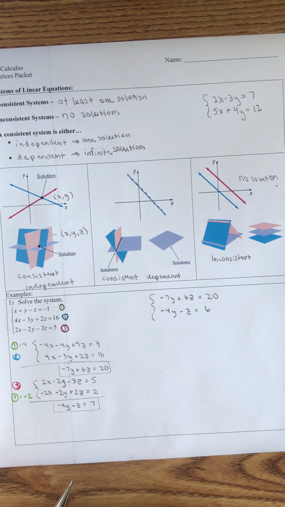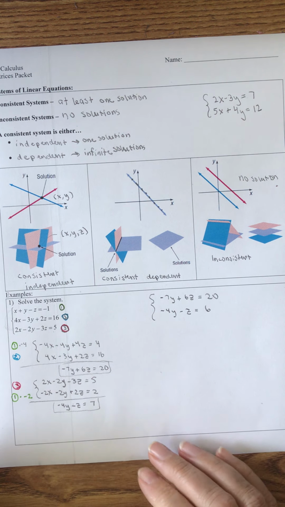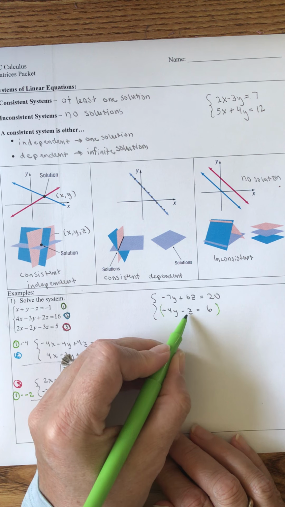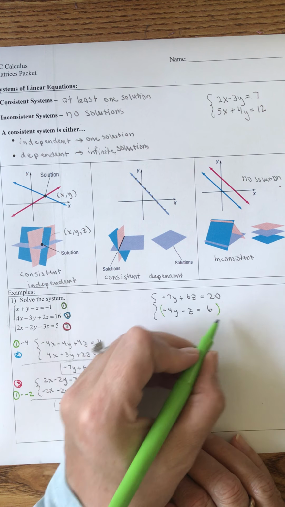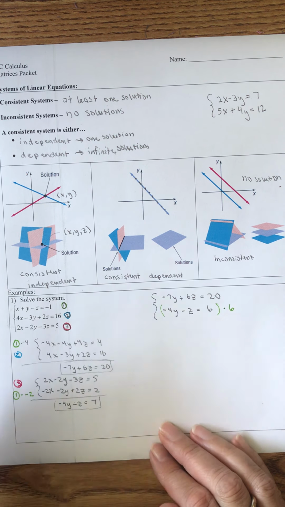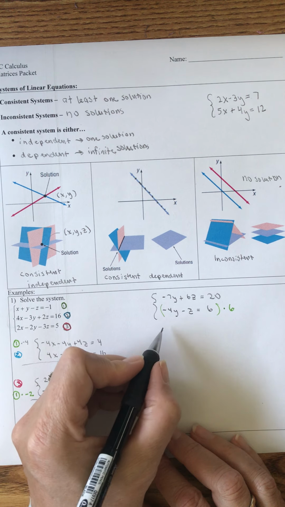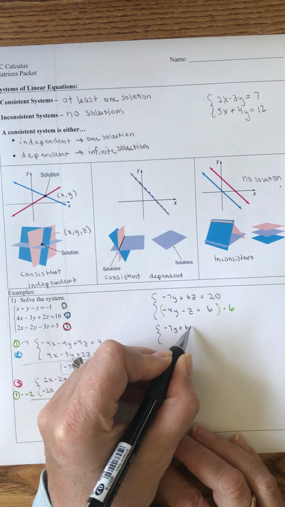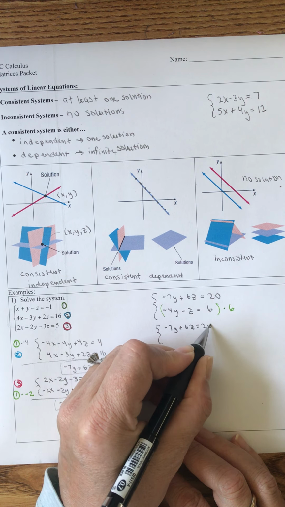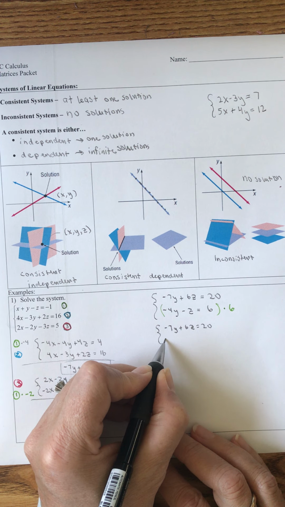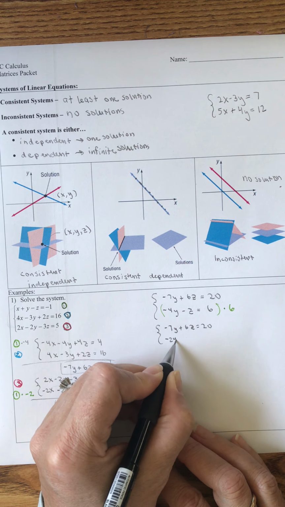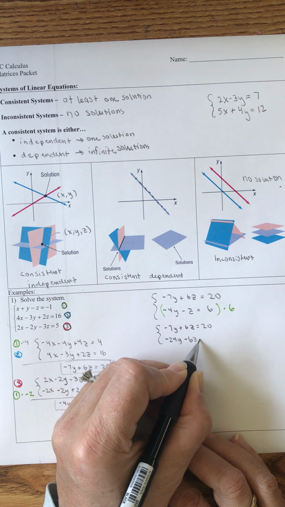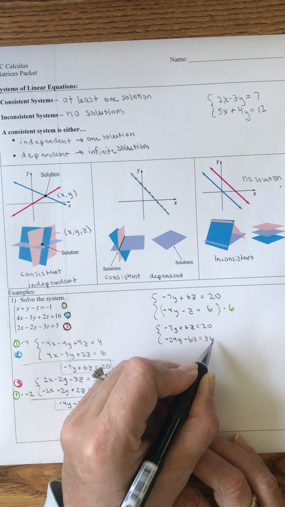I'm going to keep going with elimination and take this equation here and probably eliminate the z's, because I can get that with one multiplication. So if I multiply everything in that equation by 6 and rewrite both of them, then I get negative 24y minus 6z equals 36.